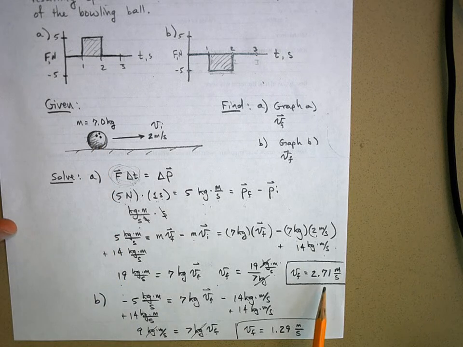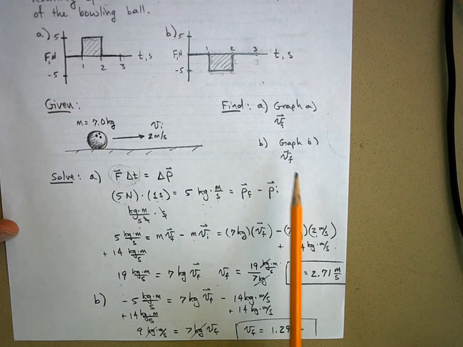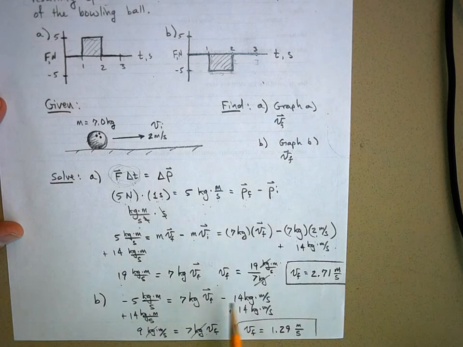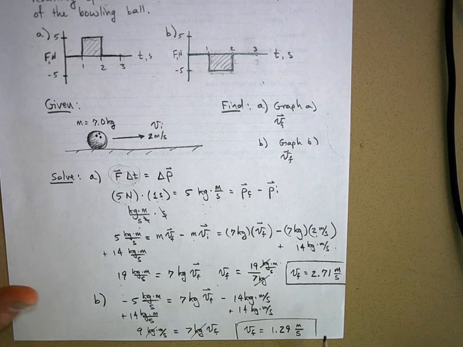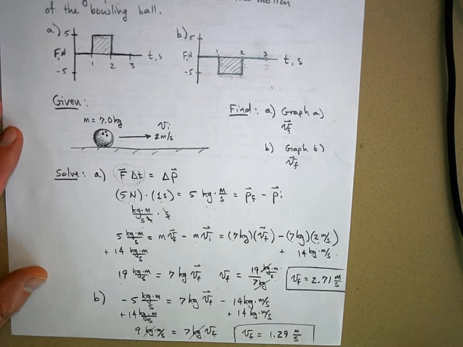So I'm going faster in the same direction. Here, in part B, well, this is how much I'm going to take away. This is how much momentum I'm actually going to take away through this impulse. So I'm going slower. I'm going in the same direction. It wasn't enough to make the bowling ball stop in reverse direction. It's going in the same direction, but it's going a lot slower. So that's the story here.